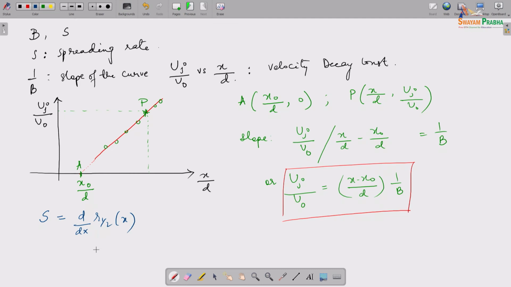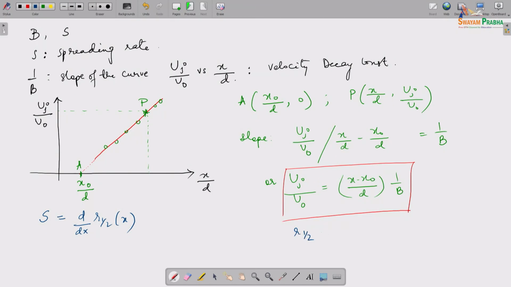And then if I have a spreading rate which I call S, the derivation is something that we have discussed earlier. So then we have this: essentially r half is equal to S times this. So these are the two constants.